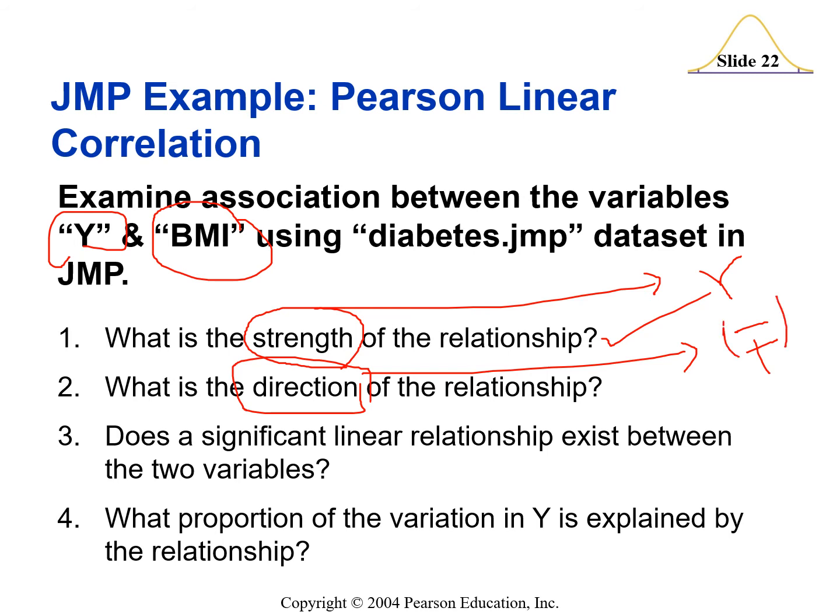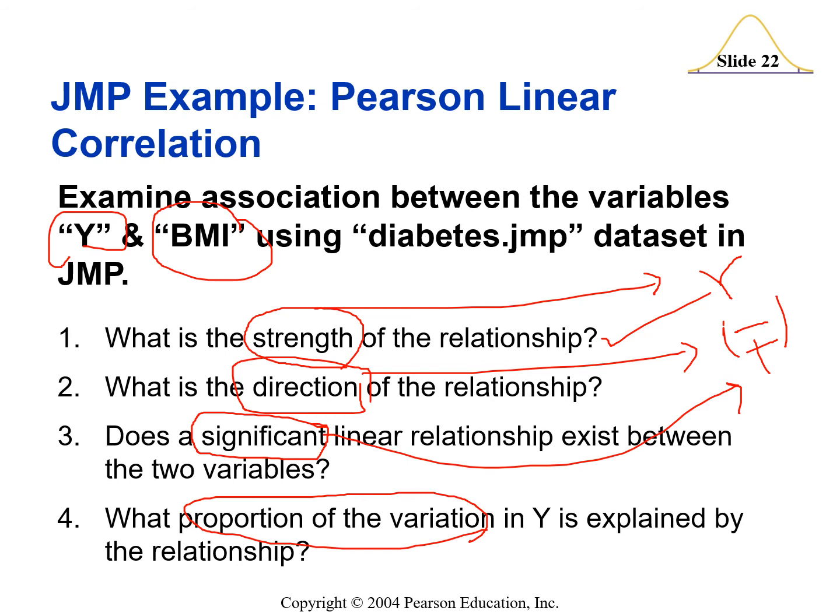Number three, does a significant linear relationship exist between two variables? To answer the question about the significance, we need to see the hypothesis test. Number four, what proportion of variation in y is explained by the relation?